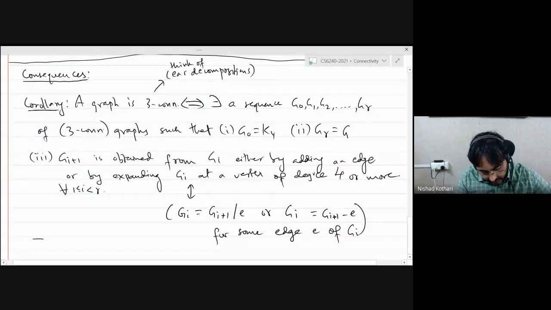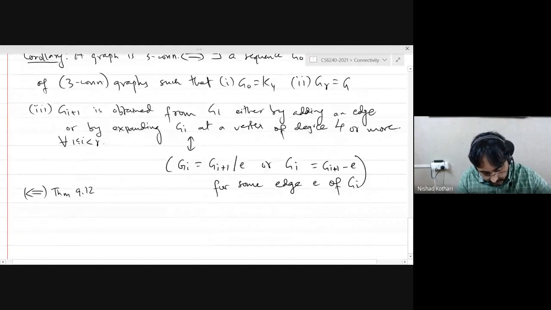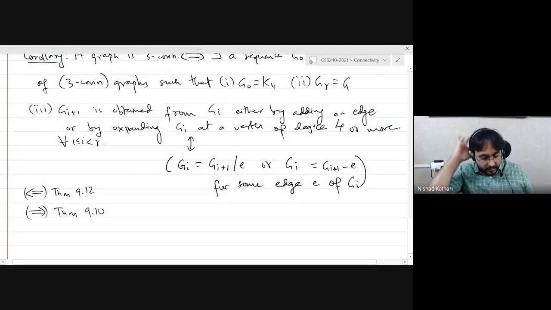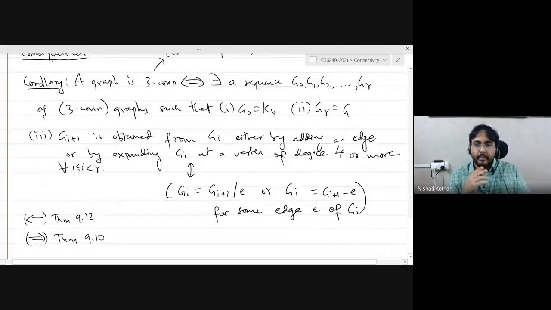Notice that the reverse direction is implied by theorem 9.12 and the forward direction is implied by theorem 9.10. Are there any questions or concerns?